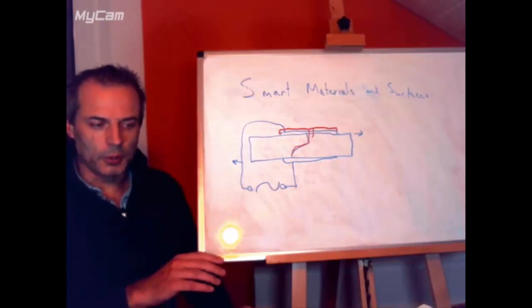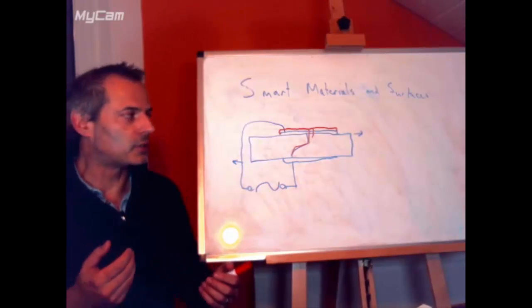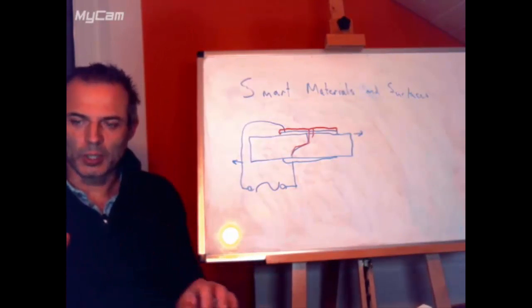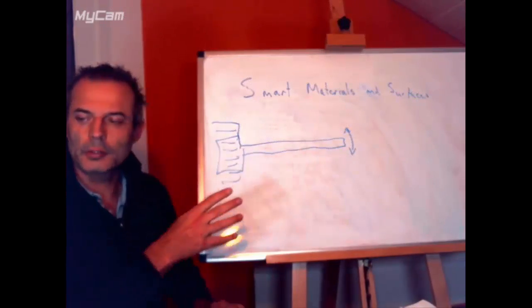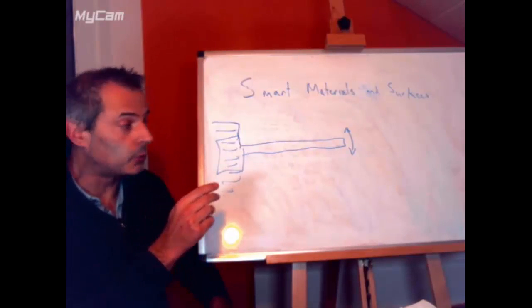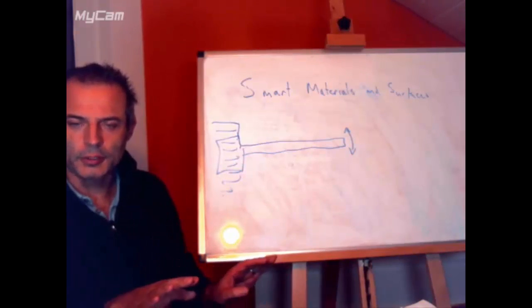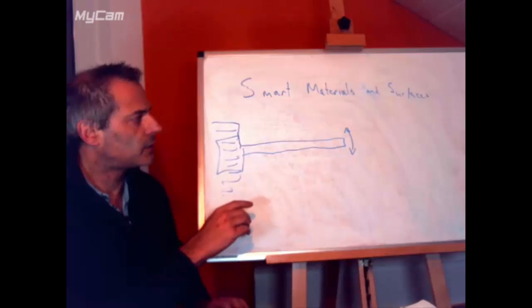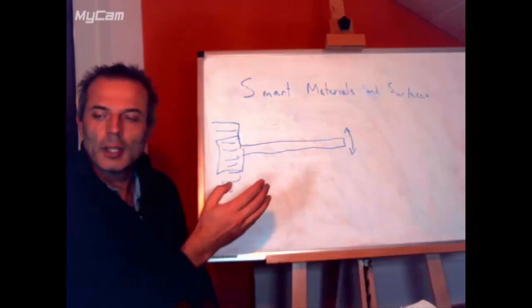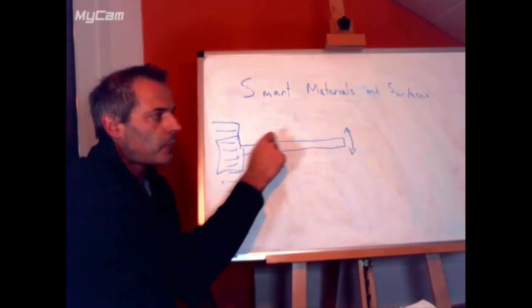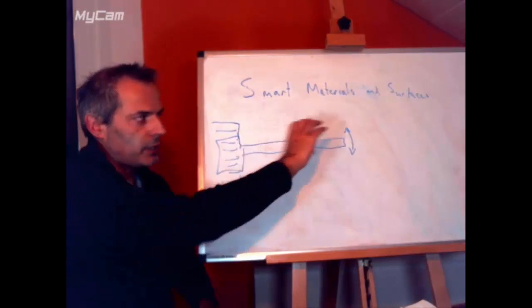A simpler method of doing that is a cantilever, which is a little bit easier for us to understand because it doesn't have any piezoelectricity, making it more complicated. So if we take something like this, this is a cantilever. We have to make it out of something very small, like a piece of silicon wafer. It's very thin, and it's like a ruler hanging off the edge of a table. If you flick it, if you play it, it oscillates, it will vibrate at a certain frequency, and if we can measure that frequency, we can determine some things about the properties of the ruler, which is the stiffness and the weight distribution.